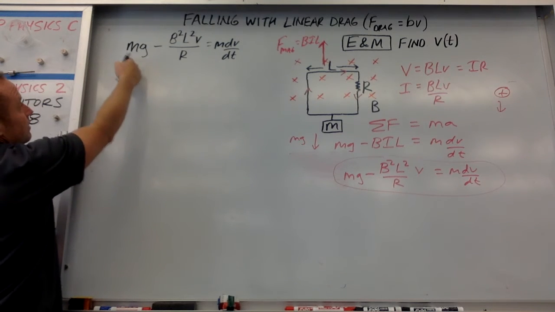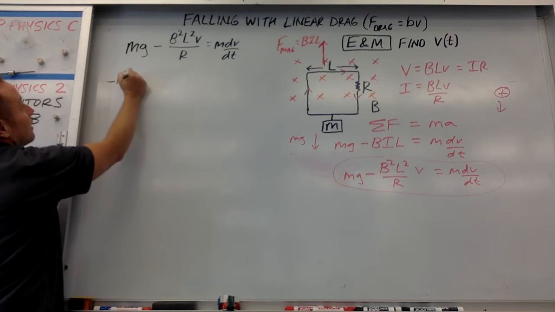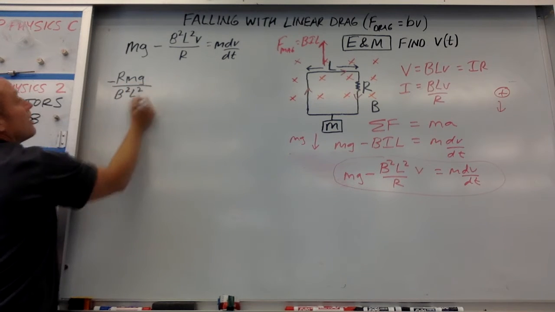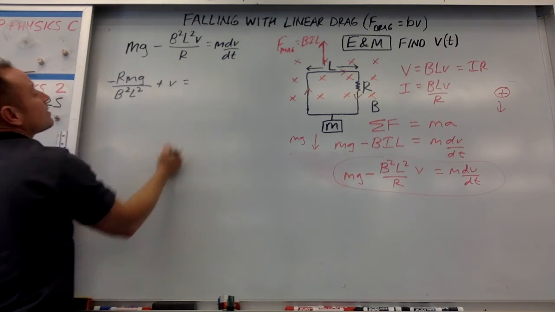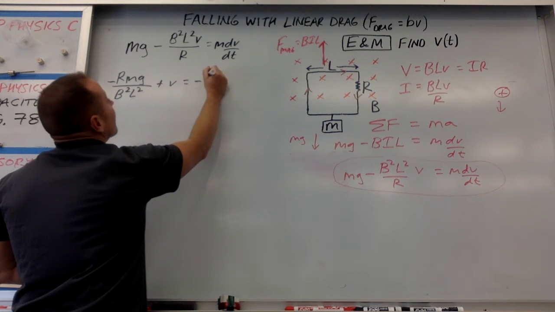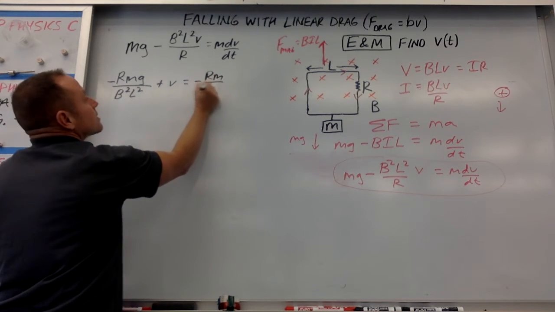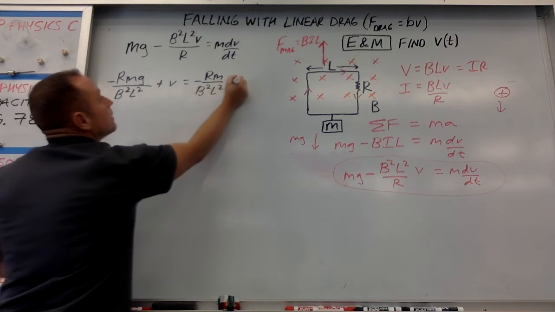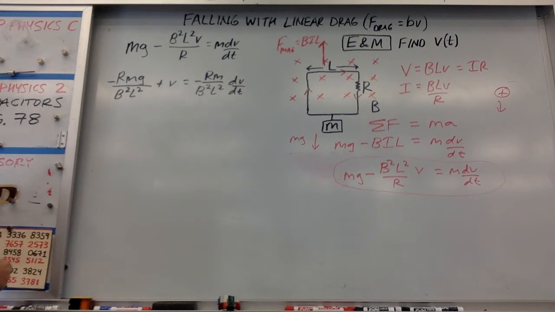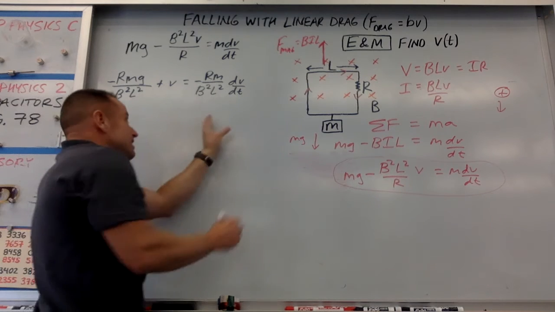What that's going to do is make this term minus RMG over B squared L squared, plus V, equals minus MR, or RM, I'll keep it that way, over B squared L squared, dv/dt. And so now we're ready to separate and integrate. I'm going to bring the entire left-hand side under the dv.